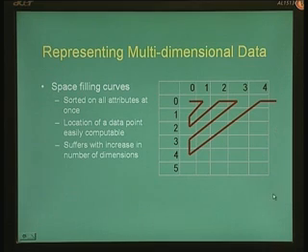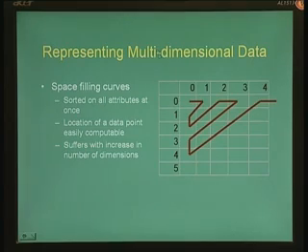Another kind of storage structure that is commonly used is what are called space filling curves. Have a look at this slide carefully. This slide shows a discrete 2-dimensional space, 0, 1, 2, 3, 4 like this and 0, 1, 2, 3, 4 like this, and there is a curve that has gone through the space. It has covered the entire space without revisiting any point twice.